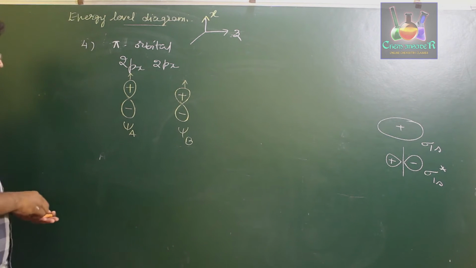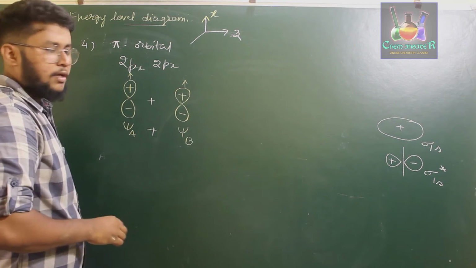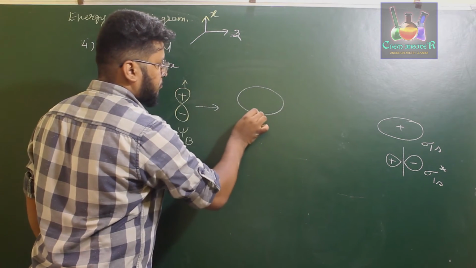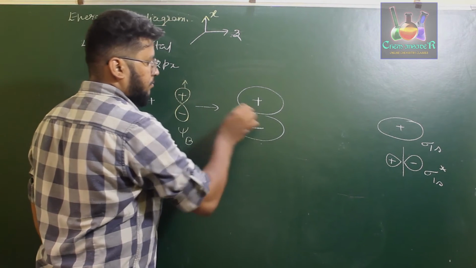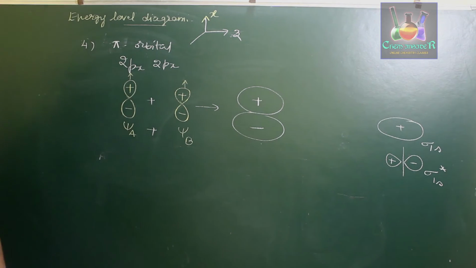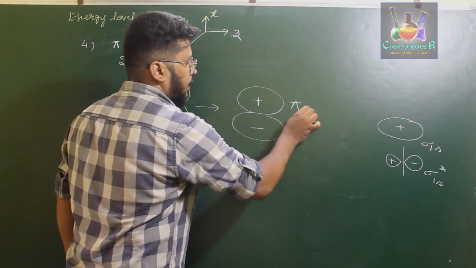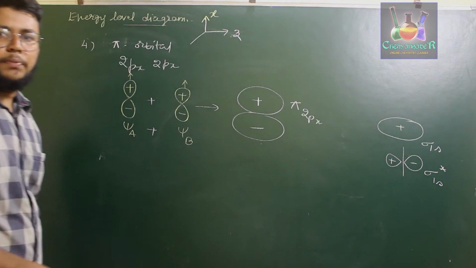If you consider psi A plus psi B, all these three are same, therefore they get combined to form a molecular orbital of this type, okay, with the sideways overlapping. Molecular orbital of this type is pi 2px, okay, pi 2px.